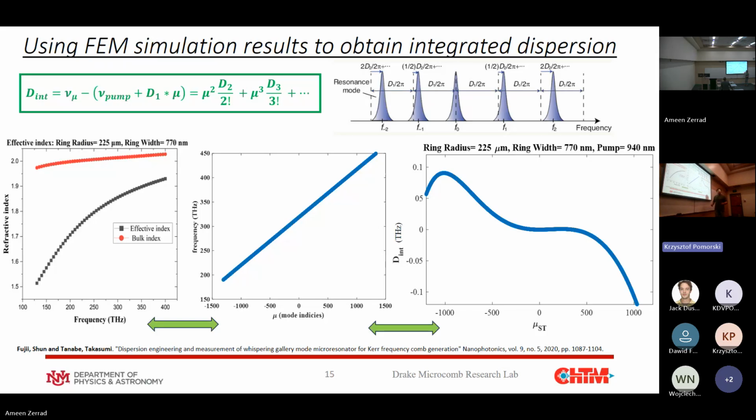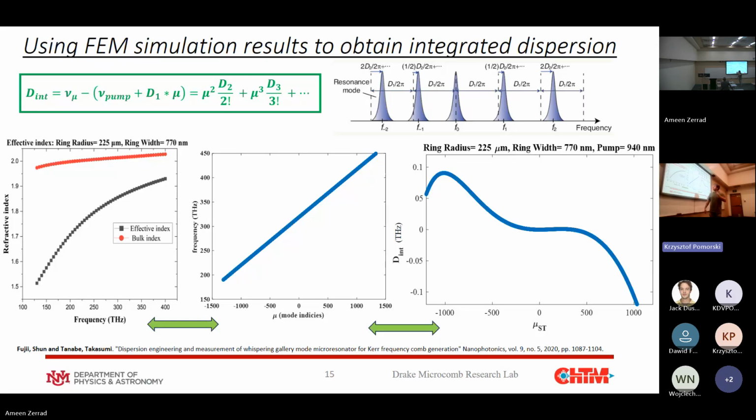What the integrated dispersion really does is quantify the walk-off from this equidistant grid. This walk-off becomes very important for tailoring integrated dispersion to meet our phase and frequency matching conditions, such that we can have four-wave mixing in our silicon nitride microresonators.